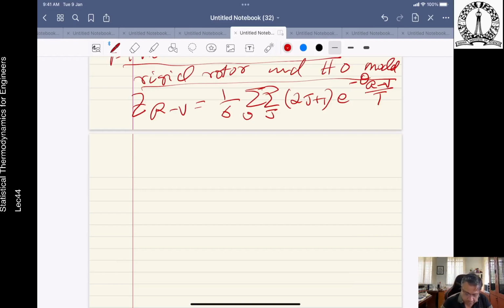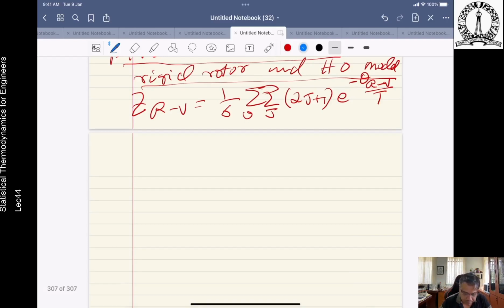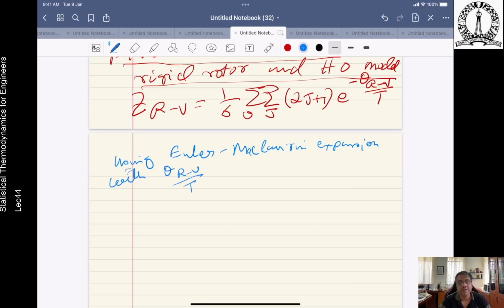So again, using the Euler-Maclaurin expansion, okay, with theta RV by T, this will lead to Z RV equal to Z RV 0 plus a Z correction term.